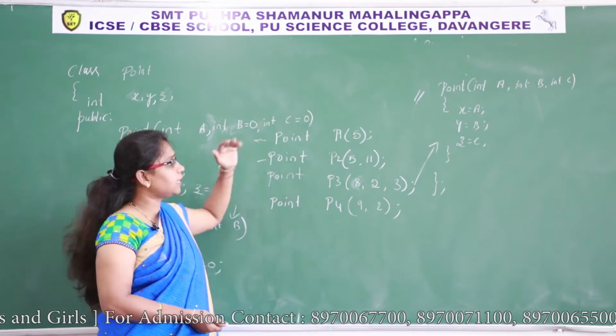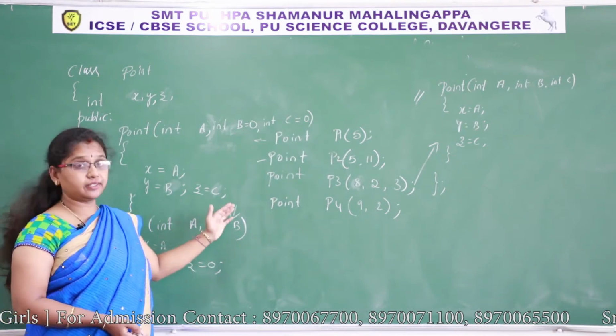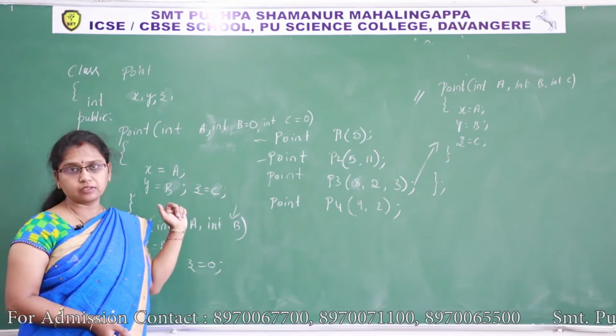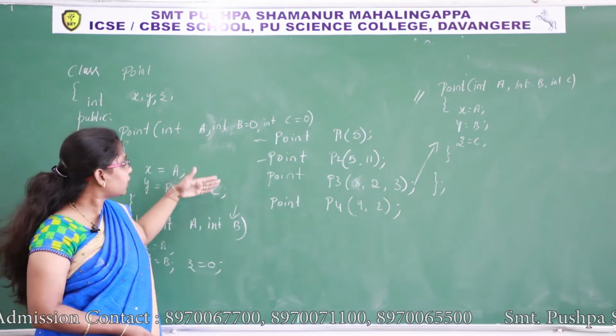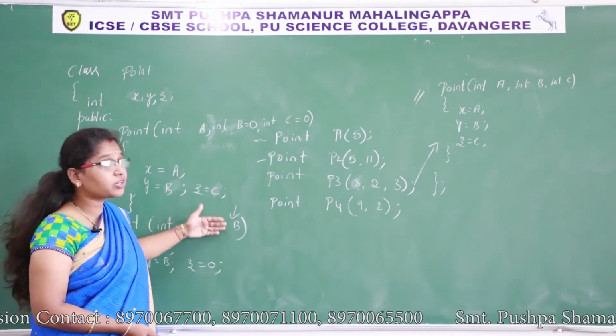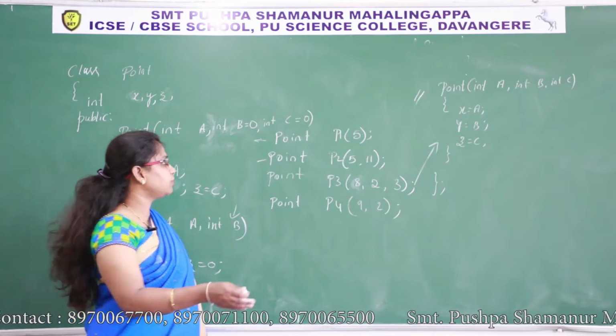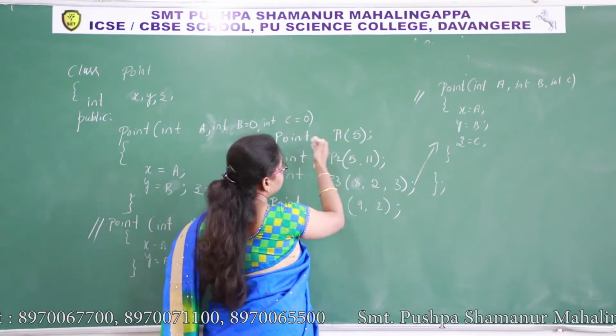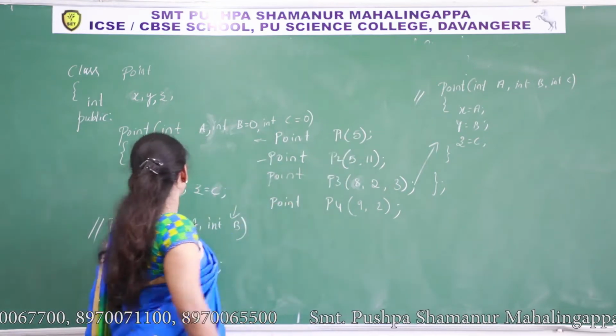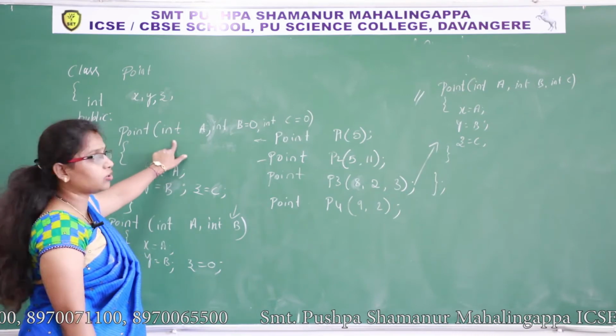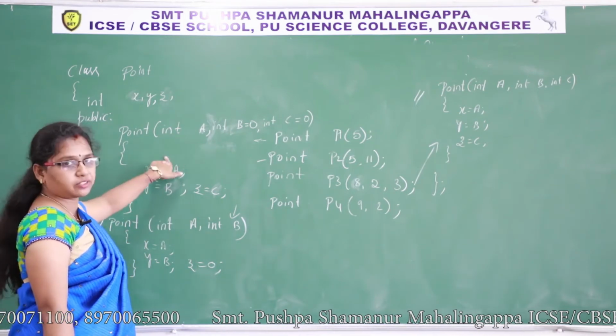Okay, so what is the advantage of a constructor with default arguments? See, instead of writing many constructor definitions, before we discussed that for this object creation there was only a one-argument constructor that has to be executed.